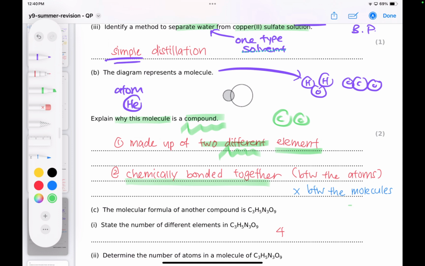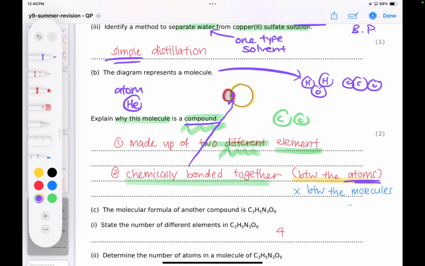But I just want to take a moment to extend a little bit. Now, what does this chemically bonded together mean? It's actually between the atoms. So this is atom number 1, the yellow, and then atom number 2 is the red one. What is keeping them together is this bond that is between them. This is what I mean by chemically bonded together between the atoms. This is what makes a compound.